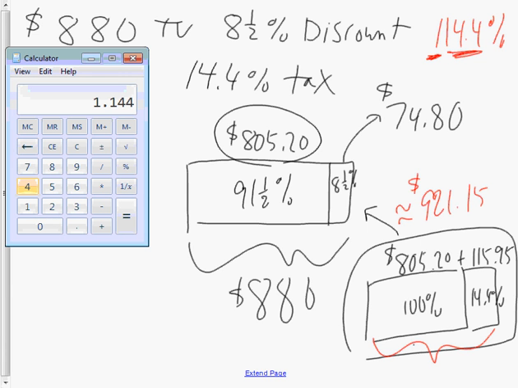That's 114.4% of the sale price. Your final price will be the same thing, but you only have to go to the calculator once. Either way is acceptable. Either calculate the tax and then add it onto your sale price, or just go to the calculator once by multiplying by 114.4%. Either way is fine. Okay? Any questions for that before I press the stop button?